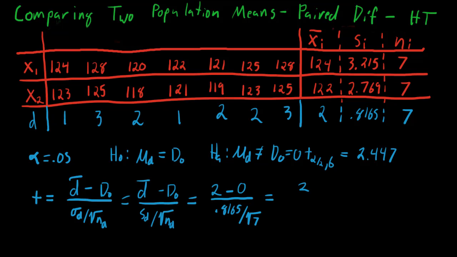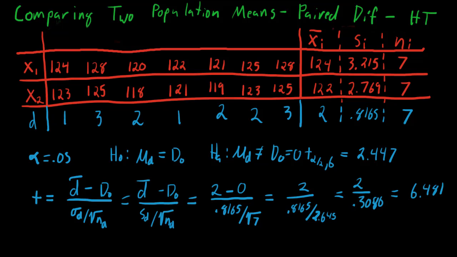So we're going to get 2 over 0.8165 over the square root of 7, 2.645, and that turns into 2 over our 0.3086, which equals 6.481. So if we compare that 6.481 to our 2.447, we see that that is much larger.